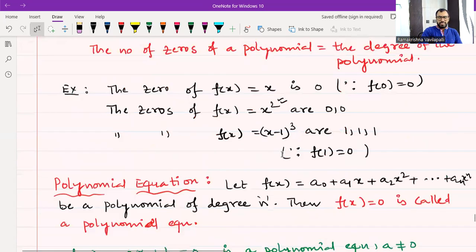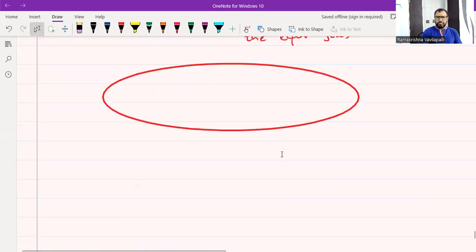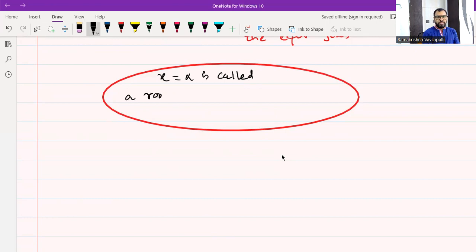So, x equal to alpha is called a root of f of x equal to 0.